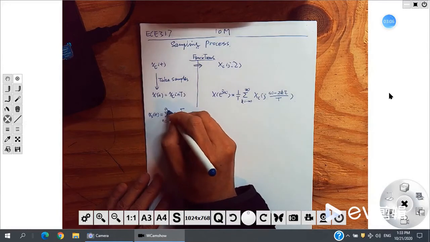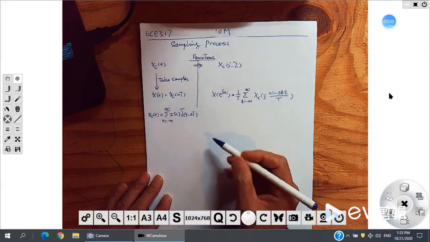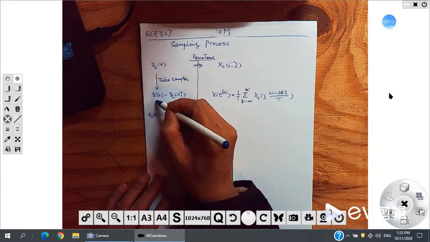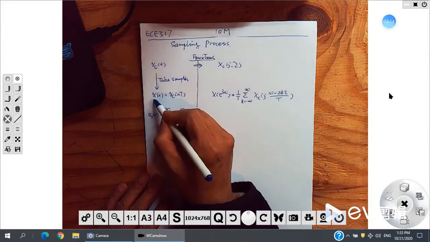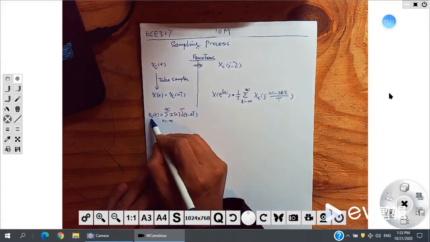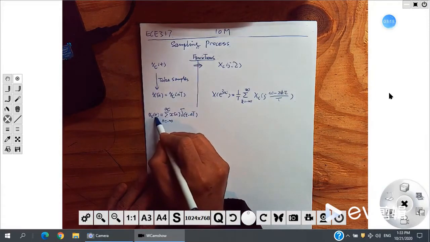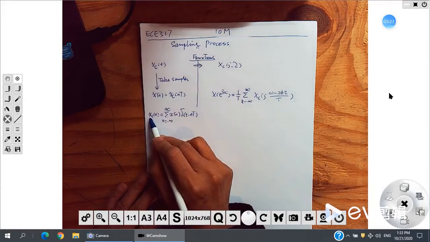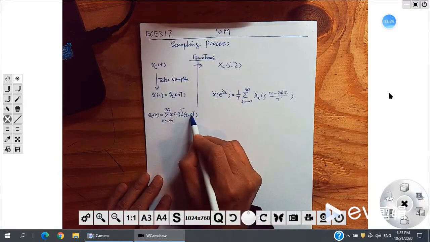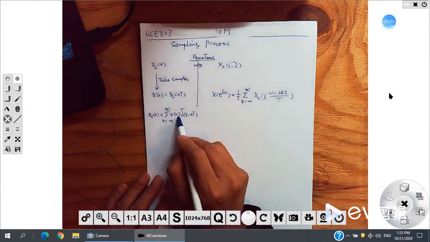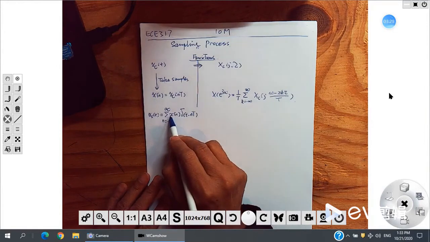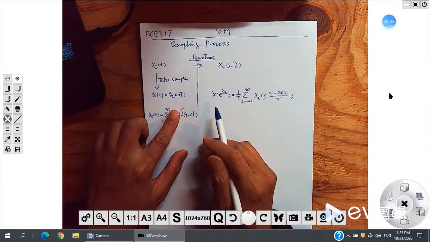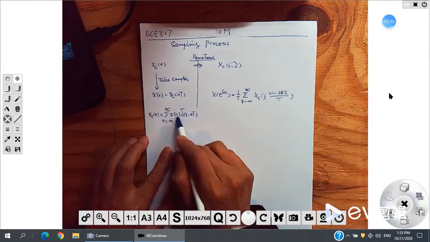You can think this is obtained from x of n. x of n is just some numbers, and this is a continuous time signal. But in most cases this one has value 0. Only when t equals nT you have an impulse, and the impulse is x of n times the unit impulse.